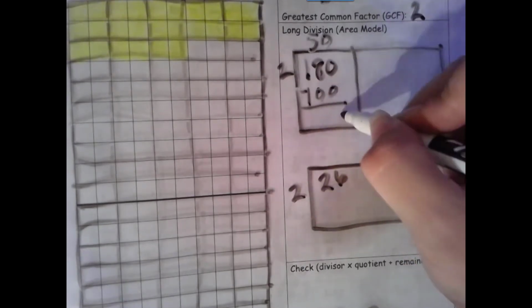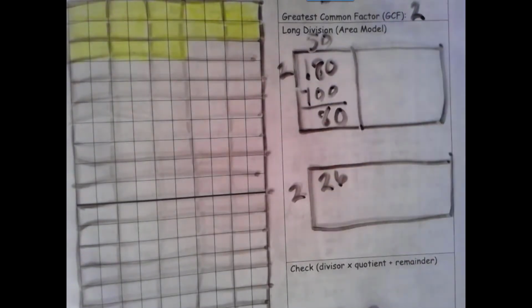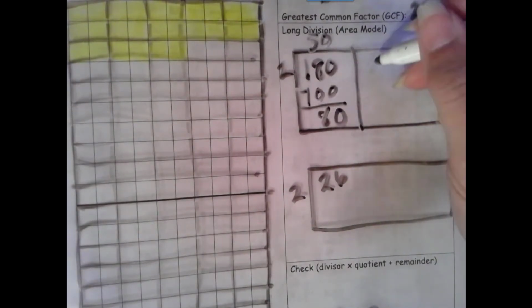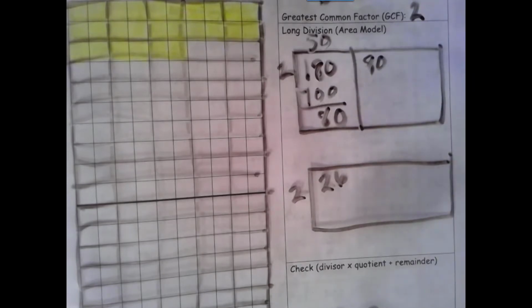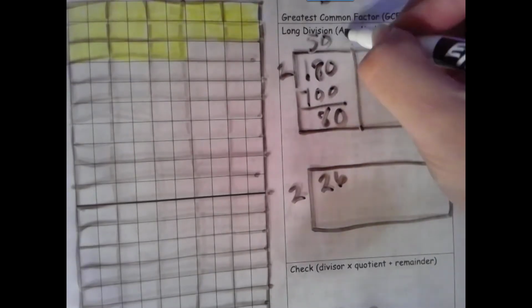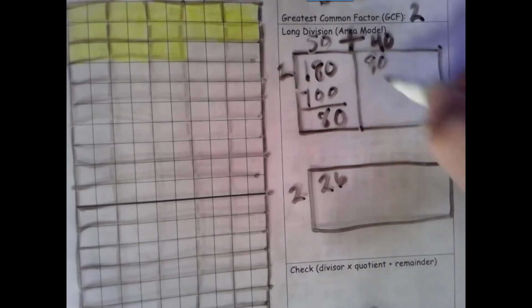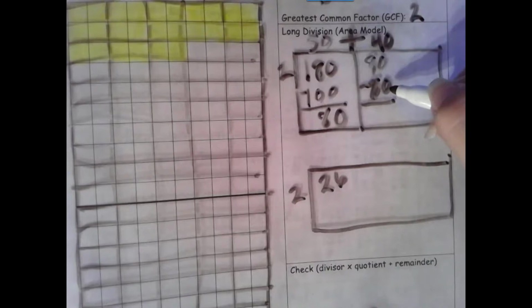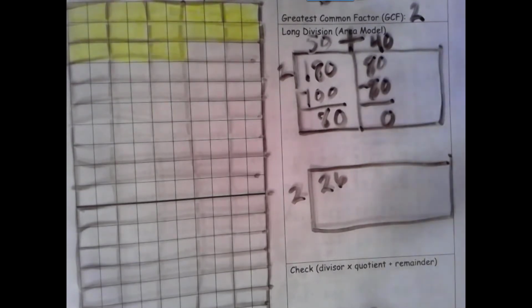Numbers the same, zeros again, more on top, no need to stop. I'm going to bring my 80 up here. And let's try 40 times 2 is 80, because the placeholder just moves it over a place, and 4 times 2 is 8. Numbers the same, zeros again. Add our partial quotients. 50 plus 40 is 90.